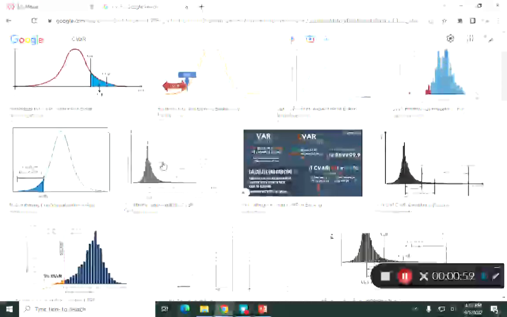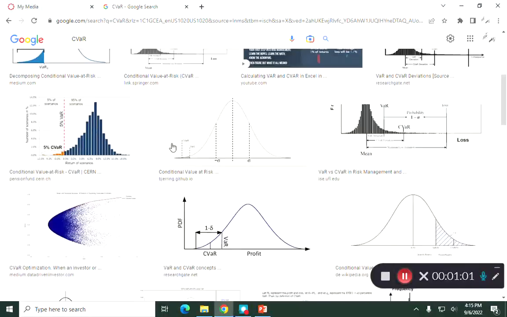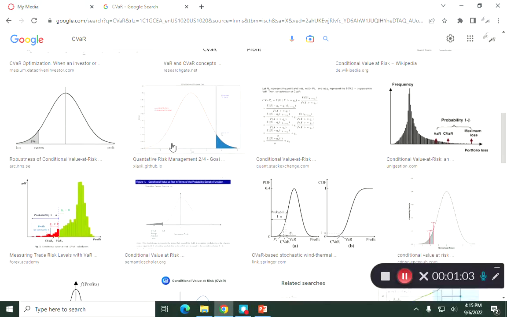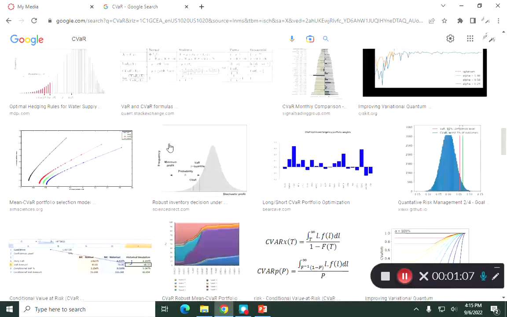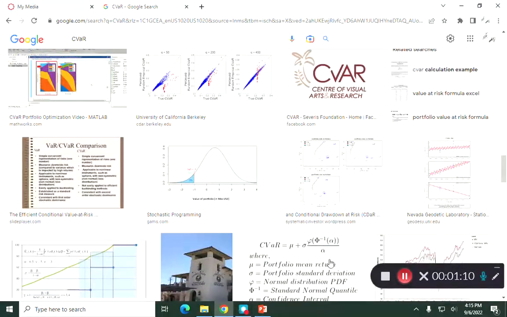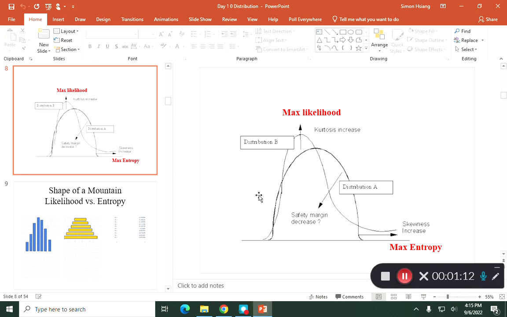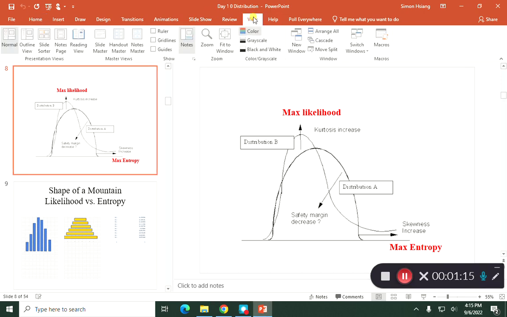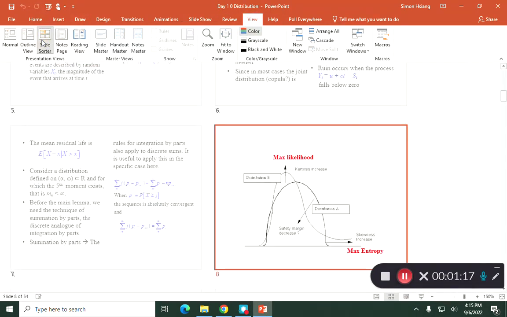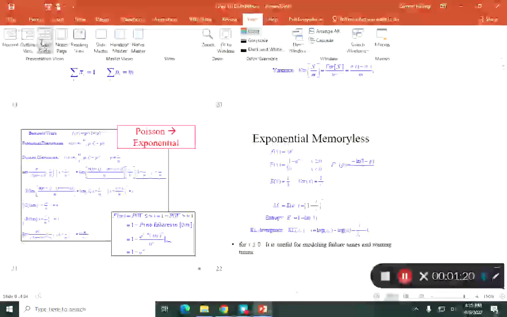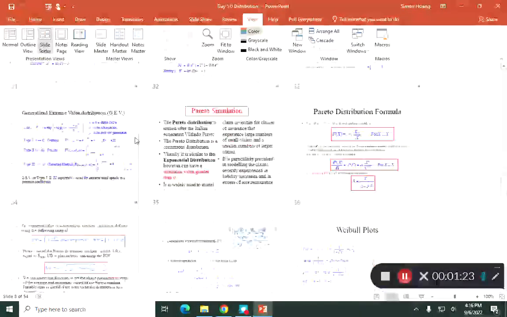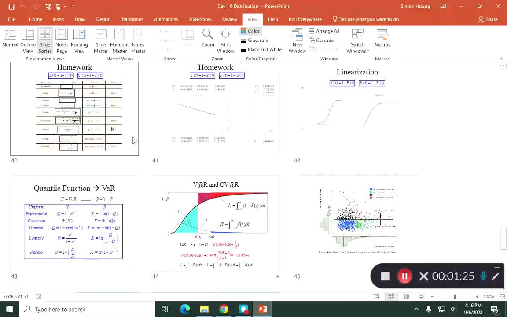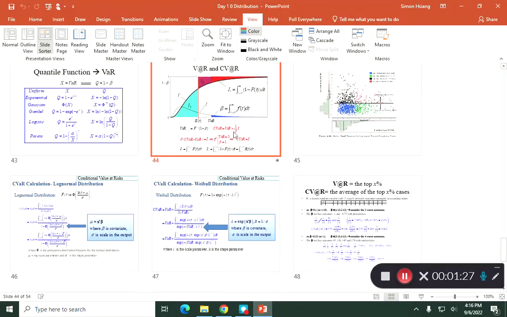And to build a CVaR, let me see if I can find a good example. Okay.